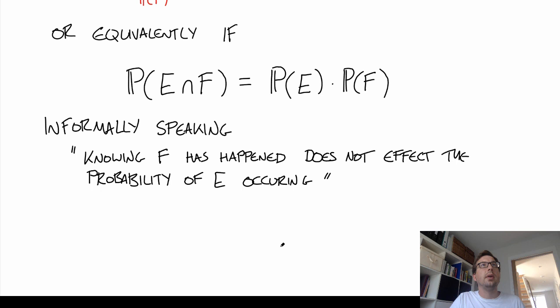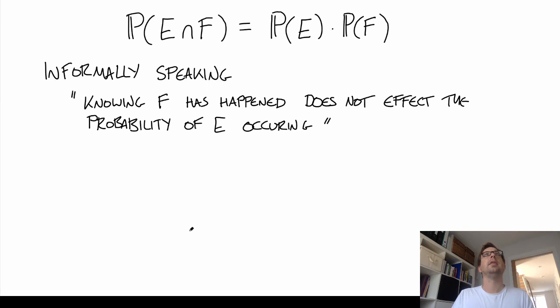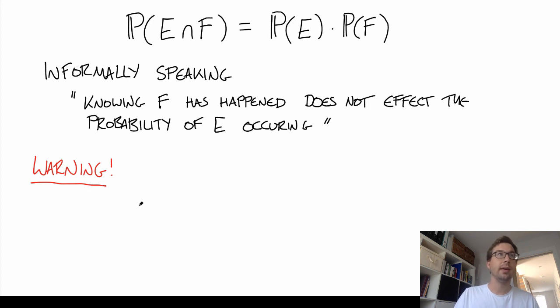Right. One thing to say as a warning, okay, this is something that occurs quite a bit. I'll even do this in red pen. Warning. Okay. Notice that when we talked about disjoint events, that is the idea that E intersection F is equal to the empty set.